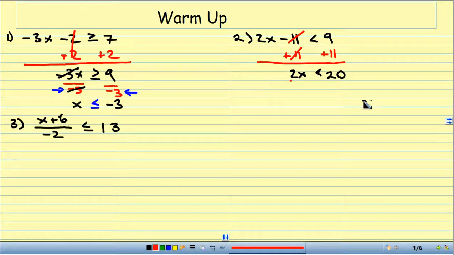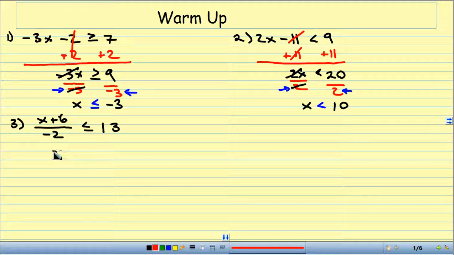Take both sides, divide it by 2. Now, the direction of the inequality does not change. And the reason is I'm dividing both sides by a positive number. So it still stays facing the left. And now I can just cancel things out. So I have x is less than 10.